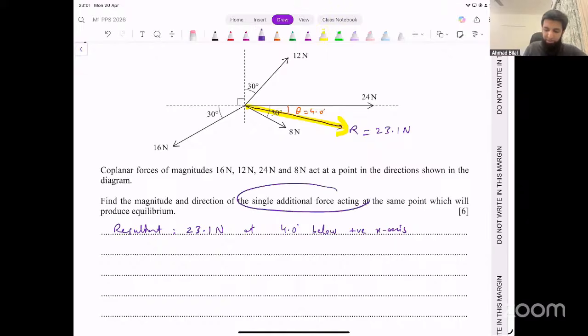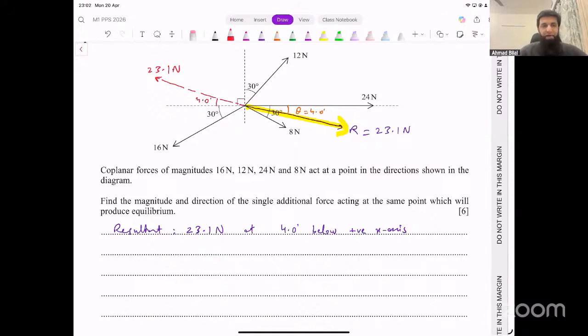Where do we put this additional force such that the resultant becomes zero? We put that force opposite to the resultant in this direction, exactly opposite. Same magnitude, opposite to the resultant, 23.1 Newton at that same angle, 4.0 degrees.